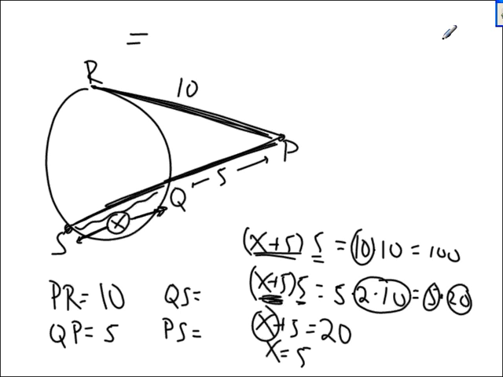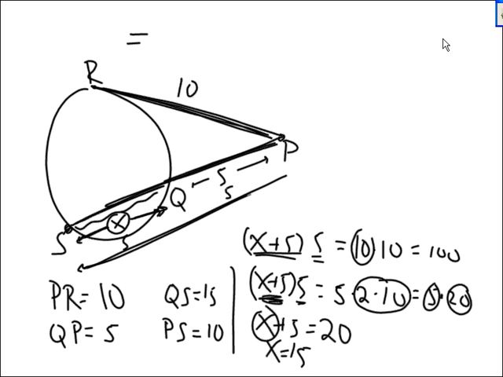That's SQ. QS is 15, and then SP will be 15 plus 5, or 20.